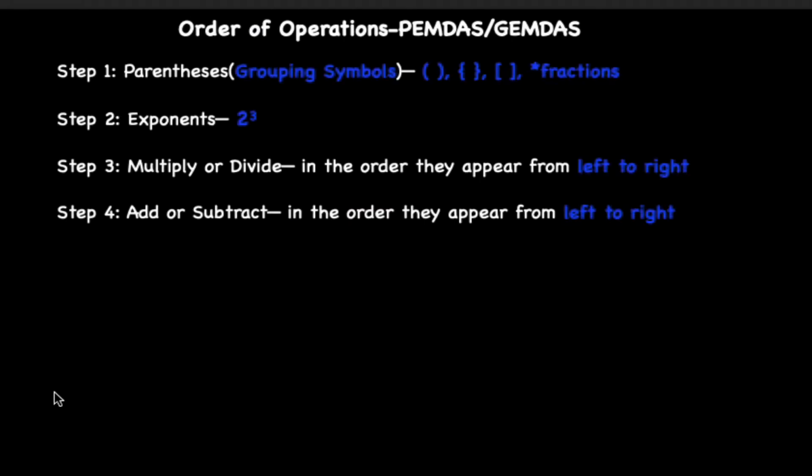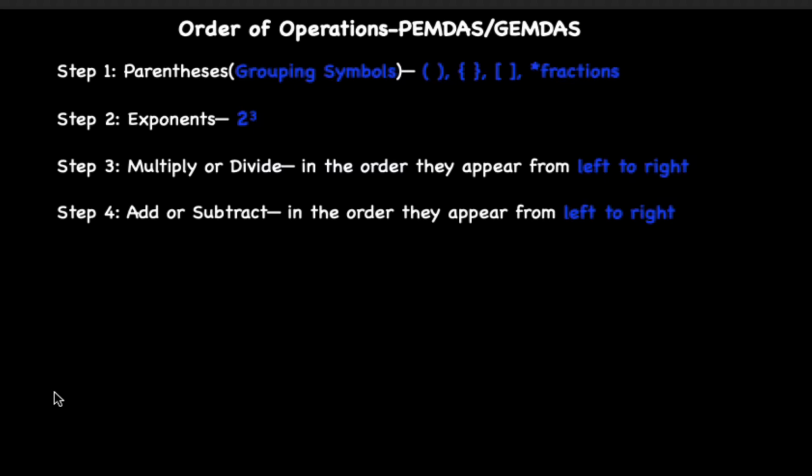As the name implies, order of operations simply means that you're working out problems in a step-by-step manner. Step 1 is parentheses or grouping symbols, which consist of parentheses, curly braces, brackets, and fractions.